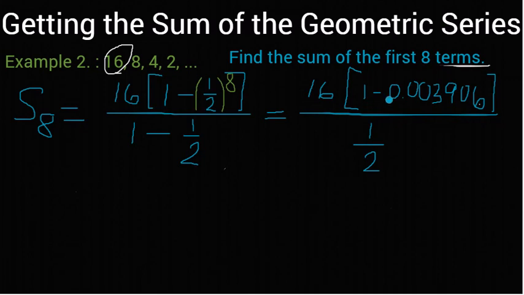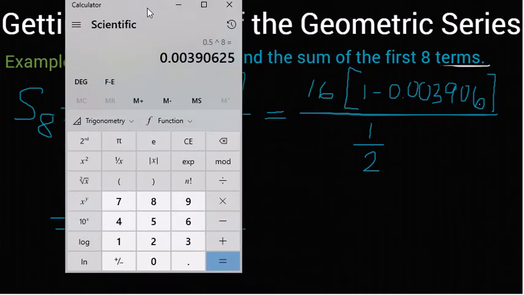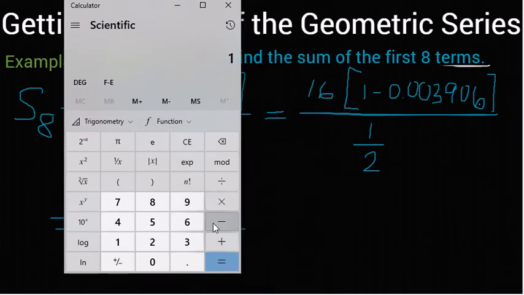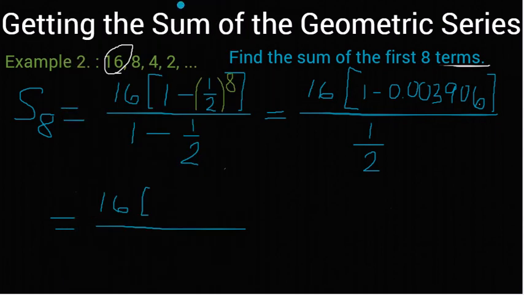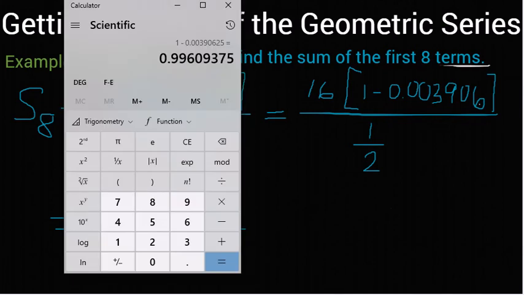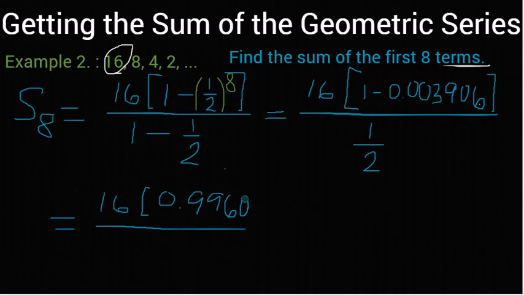So we work on this first: 1 minus 0.00390625 is 0.99609375.